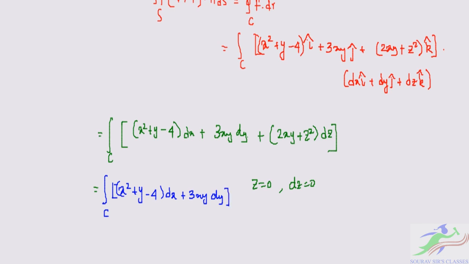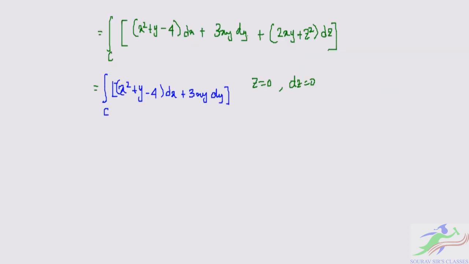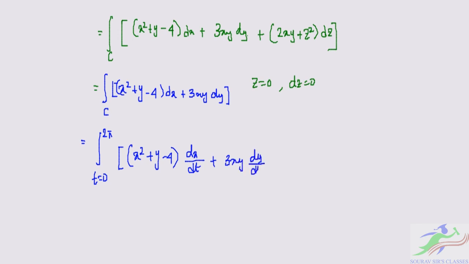Here t goes from 0 to 2 pi, so it is (x square plus y minus 4) dx/dt plus 3xy dy/dt, all with dt.